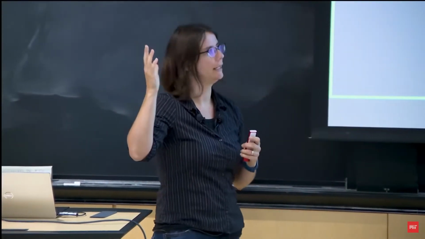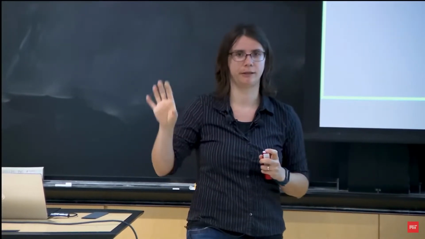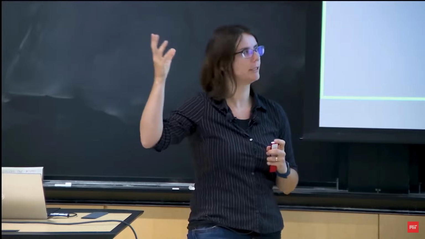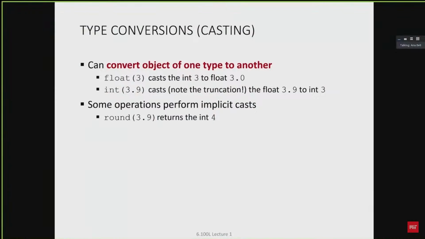If we cast that integer to a float version of it, we're creating a new object in memory. We're not changing the 3. The 3 already exists. We're just getting the float version of it and storing it as a new object in memory. So when we do float(3), this is a command that gets for me the float version of the integer 3. Okay, so that will give me 3.0.